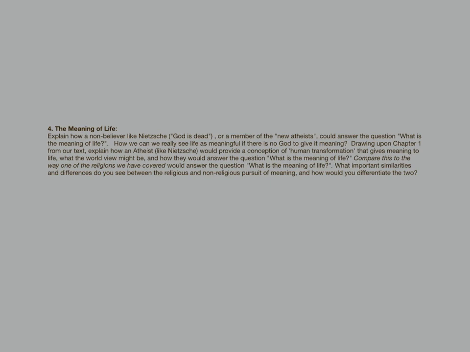Also, when we look at the Three Metamorphoses, which is so interesting because it is exactly a tale of human transformation, what conception of human transformation is really embodied in that little piece from Nietzsche? That's an interesting question, and that should give us the atheist's answer, or at least one atheist's answer.